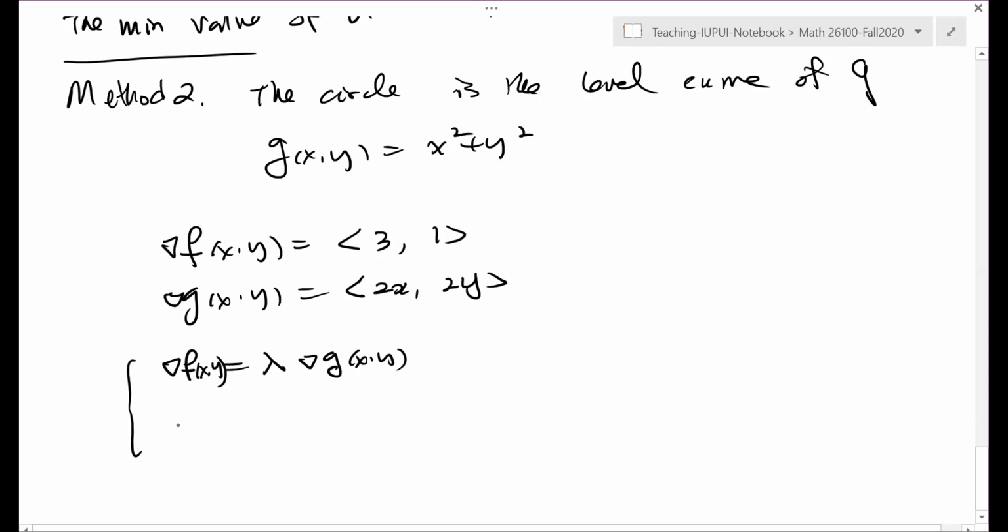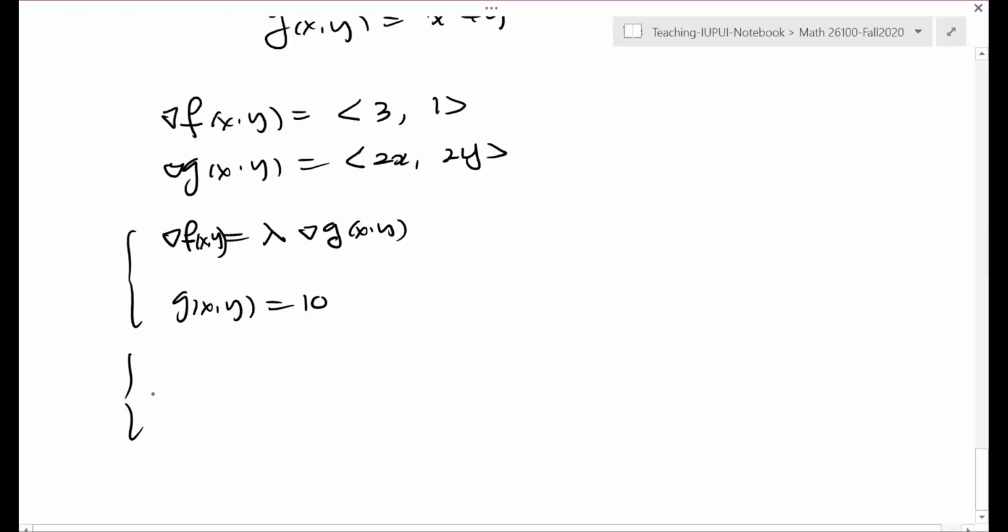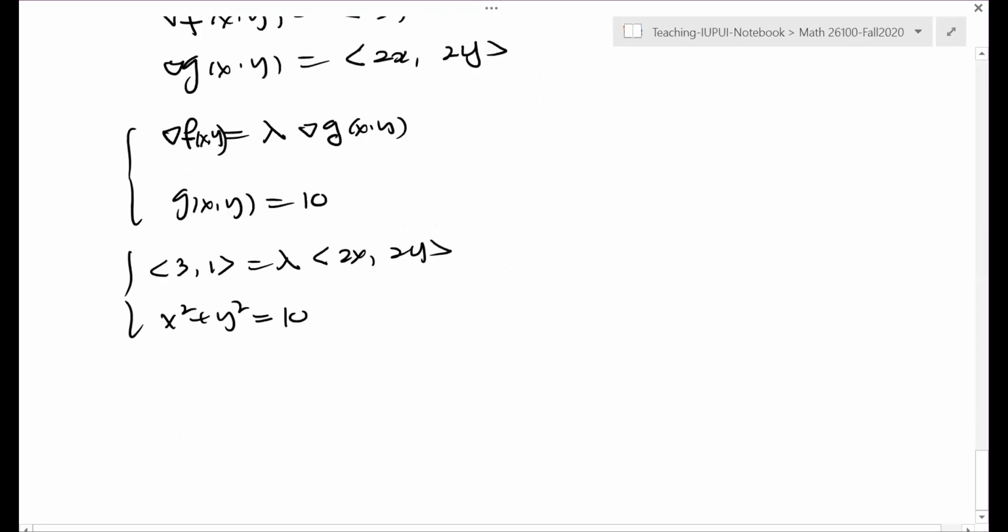This is a point on the circle, so you have an x, y, not arbitrary. So let's put the details here. You get (3, 1) equals lambda times (2x, 2y), and x squared plus y squared equals 10. Can we find x and y?